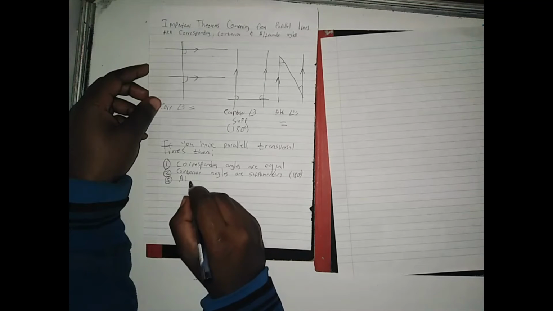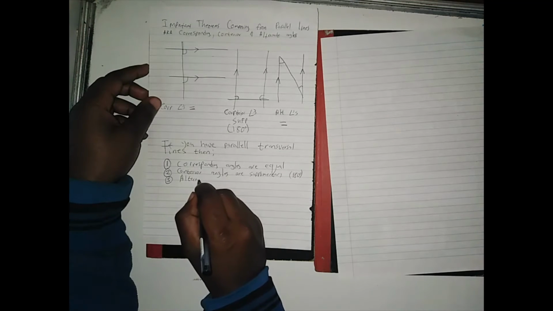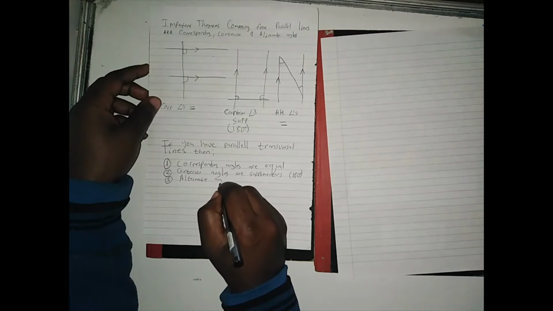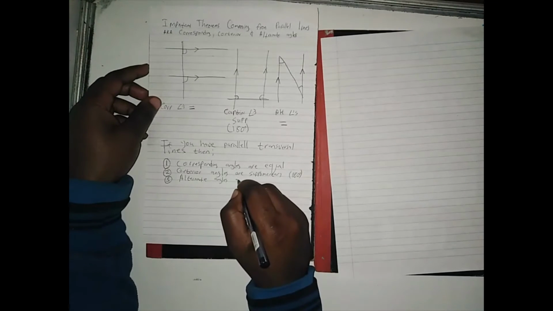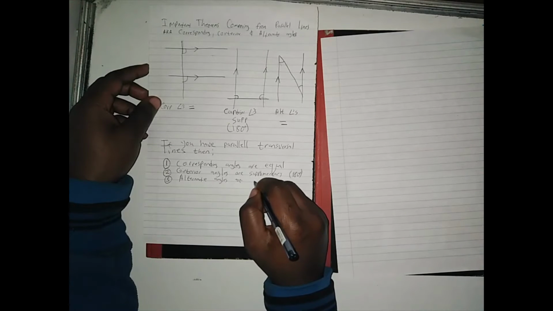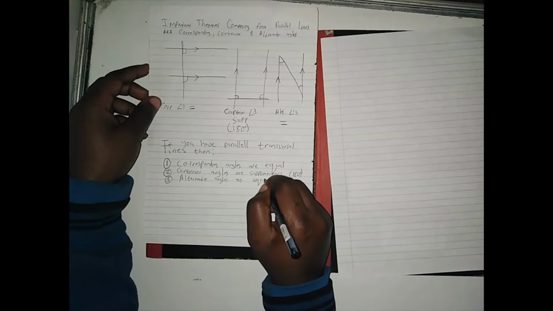And then lastly, you can say that alternate angles are what? Alternate angles are equal as well.